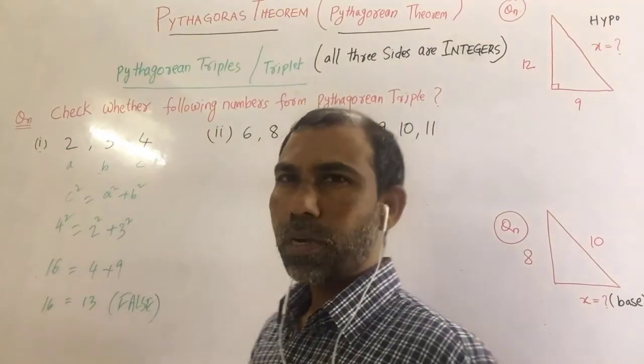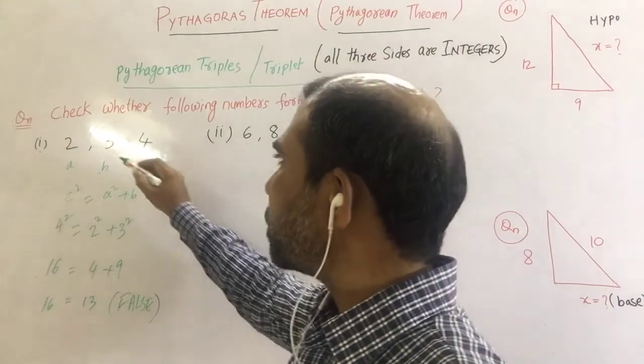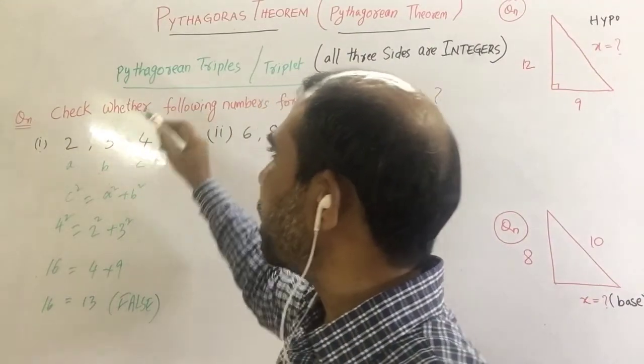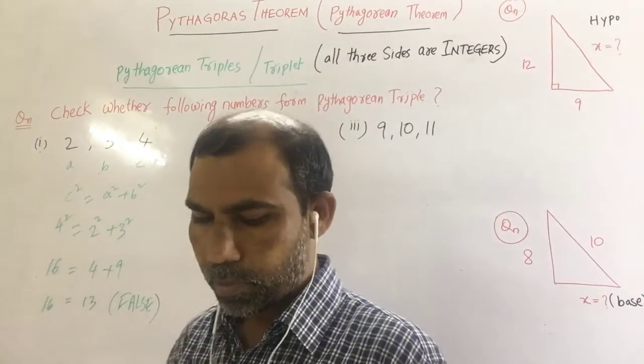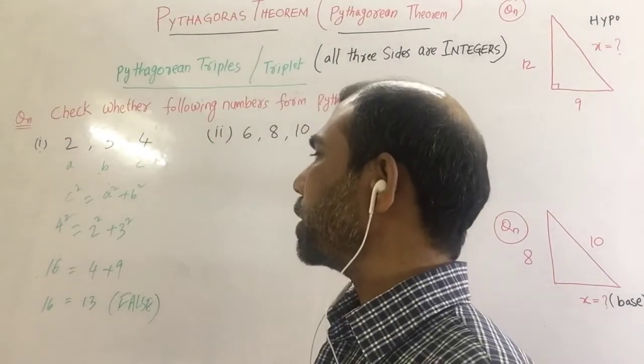So what we can decide is the three sides are not Pythagorean triples.